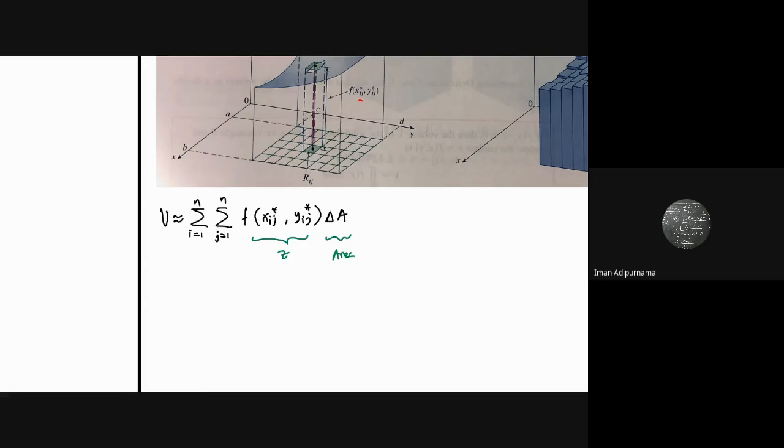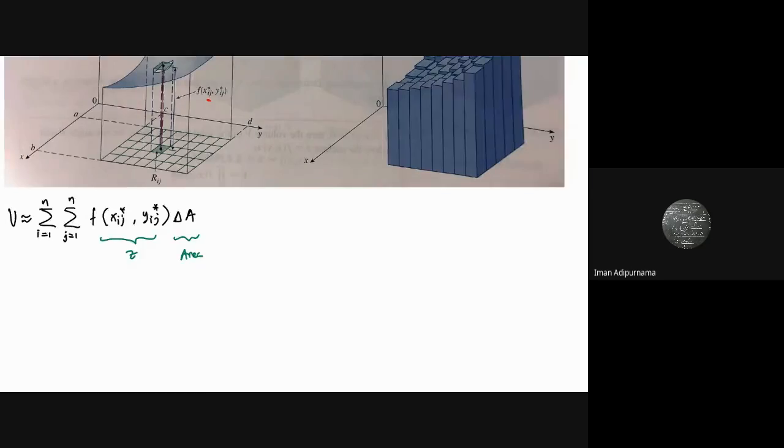From here, we can take the definitions, or maybe let me write some notes here.